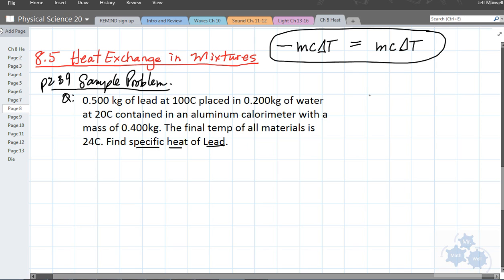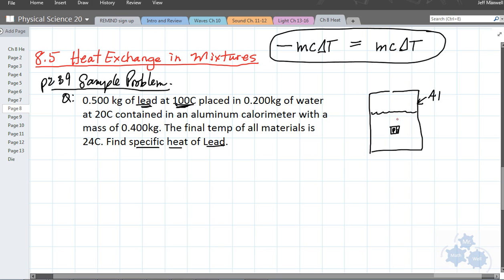All right, it might be helpful to draw a picture. I always draw a picture whenever I can. Let's say this is our calorimeter, a fairly sealed unit. Here's the aluminum body. Inside we have some water, and we also have a piece of lead, Pb. Now the lead is really hot, and it is placed inside this calorimeter.